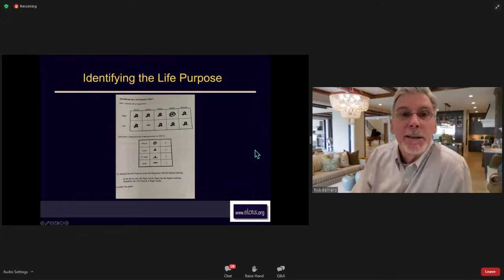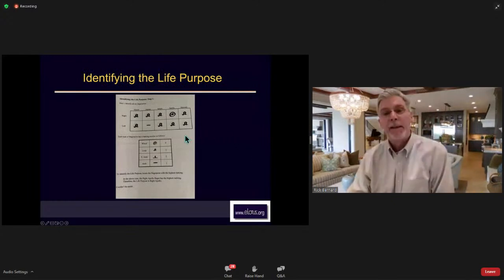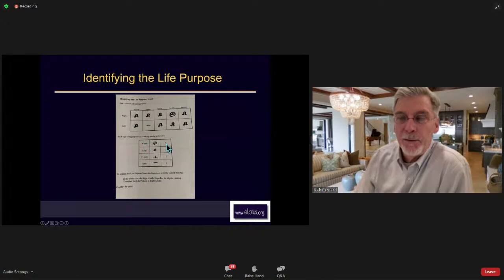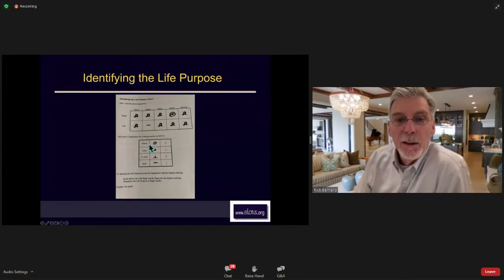So let's look at identifying life purpose. Now this is done a little bit differently. Life purpose and life lesson, we're going to figure out a little bit differently. There's actually a ranking system that we have on fingerprints. The whorl is going to be ranked the most. We're going to give it a 4 ranking. The loop is going to earn a 3 ranking.